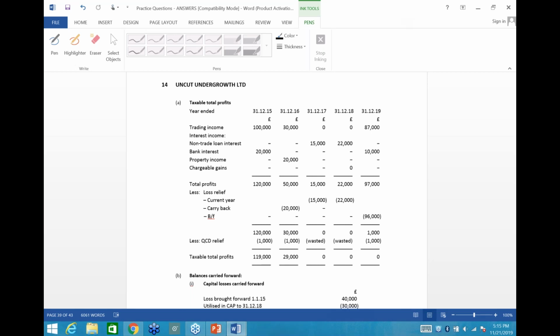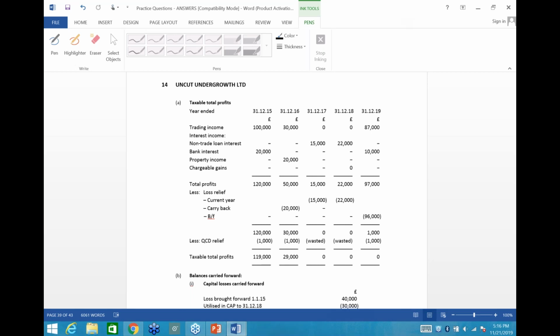We don't call it financial year 2018-19, we just call it financial year 2018. For financial years 2018, 17, 16, the tax rate has been unchanged. It's 19%. Anyway, now look at the question.